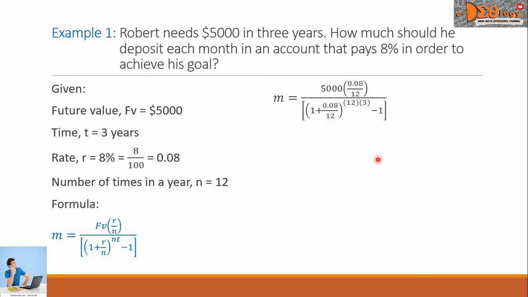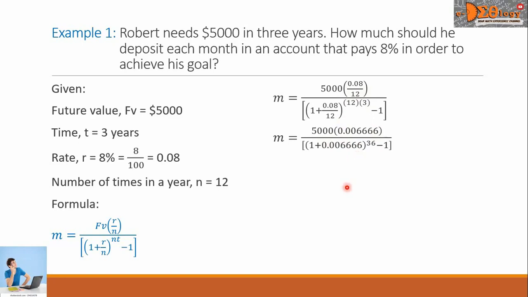Let us simplify further by getting the quotient of the fraction. 0.08 over 12 is now 0.006666. And this same decimal will appear at the bottom in the denominator.